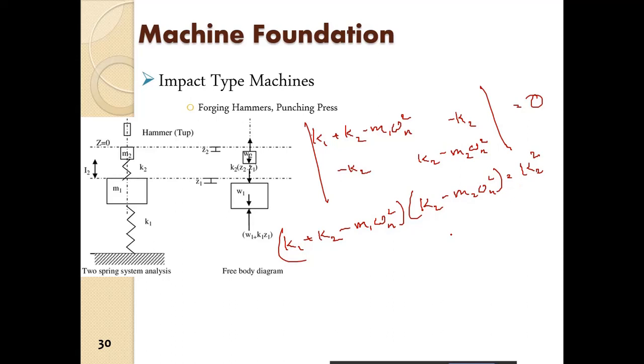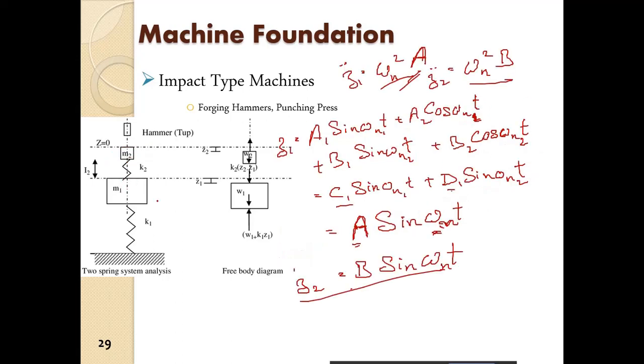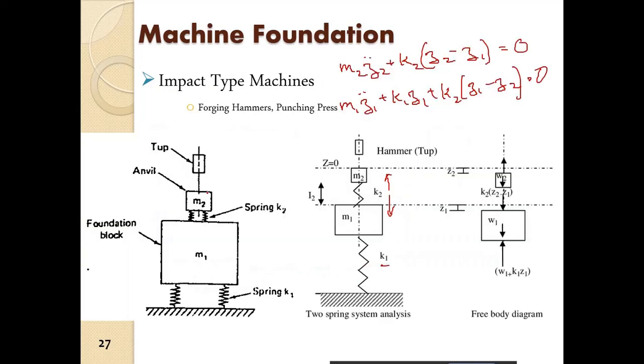Okay, and here we can define two very important parameters. One is the circular frequency of the anvil, of this mass m2. Okay, of the anvil, that is. So here if you see, this is the anvil m2.